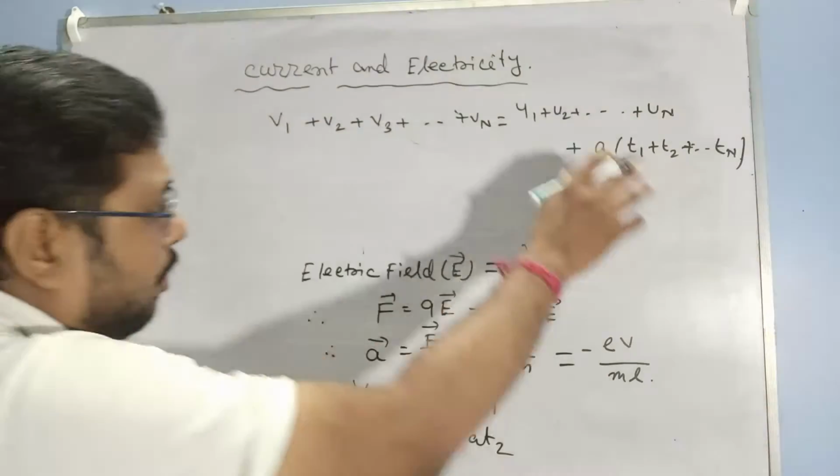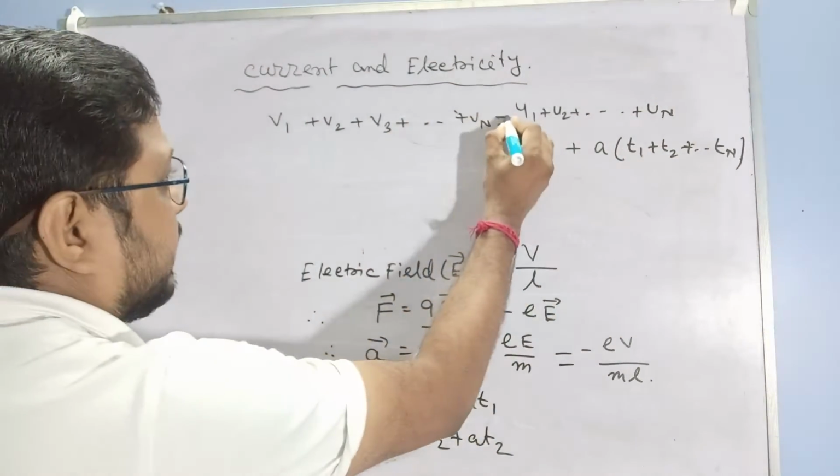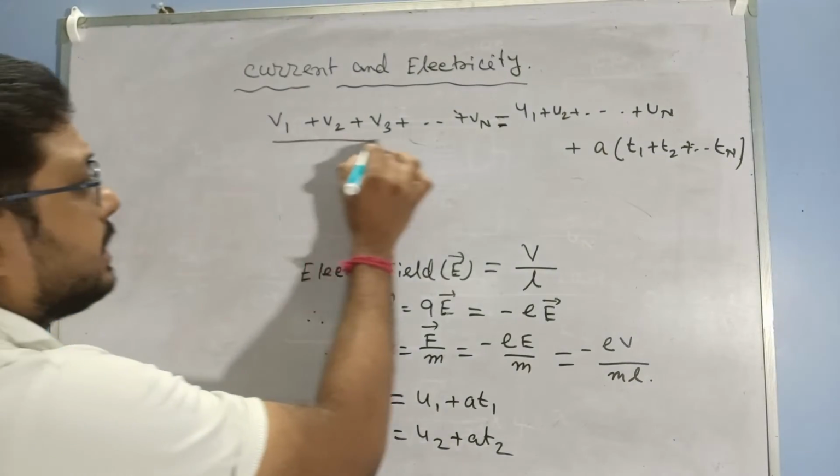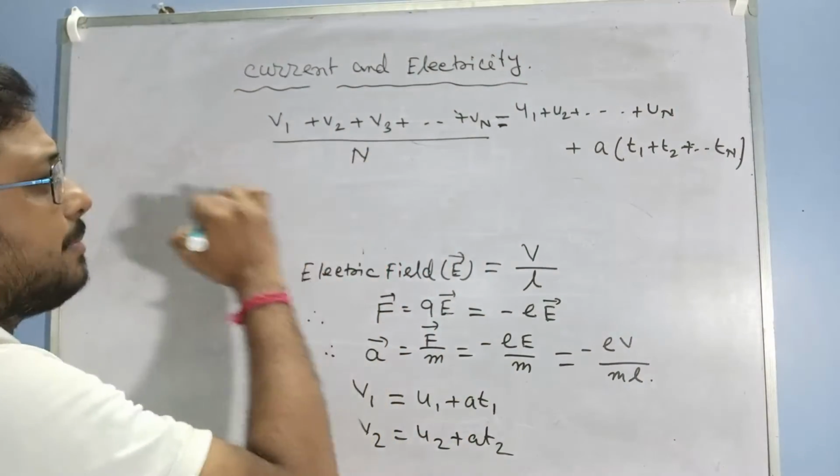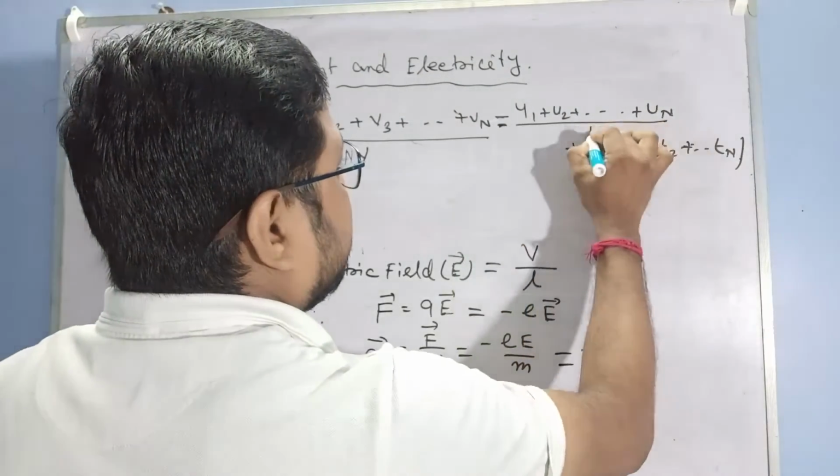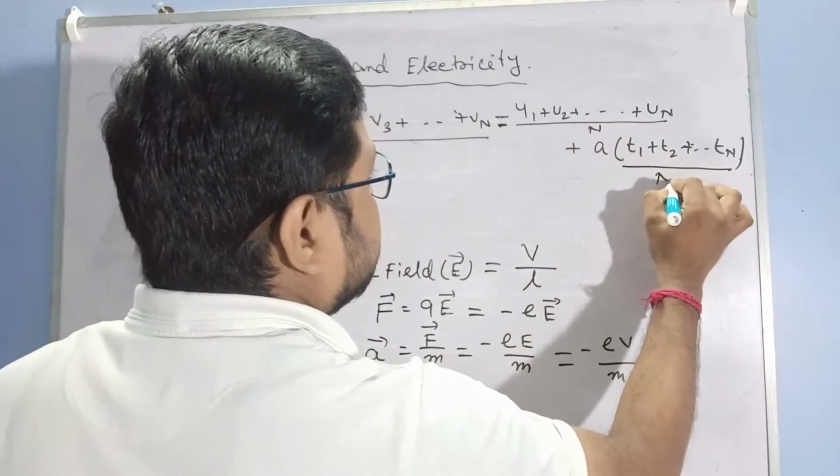If we divide the whole equation by the total number of electrons, that is, if n number of electrons are present, then we divide this by n and also we divide this by n.